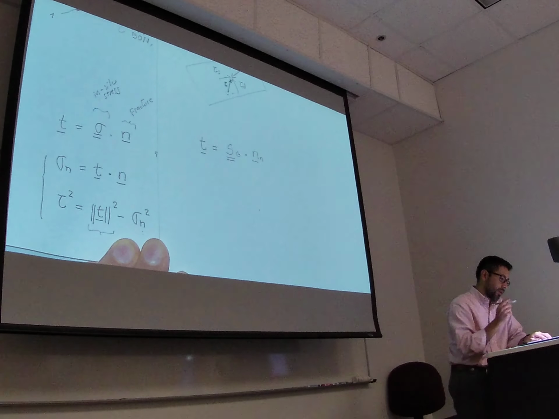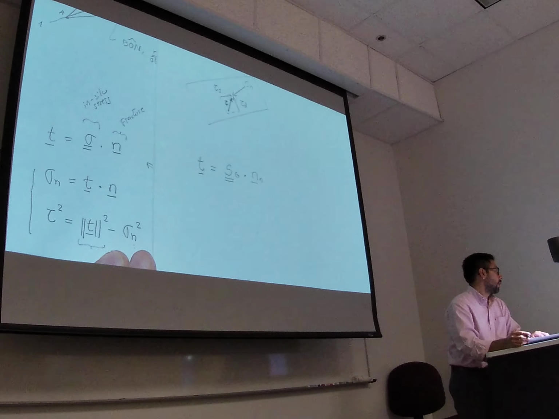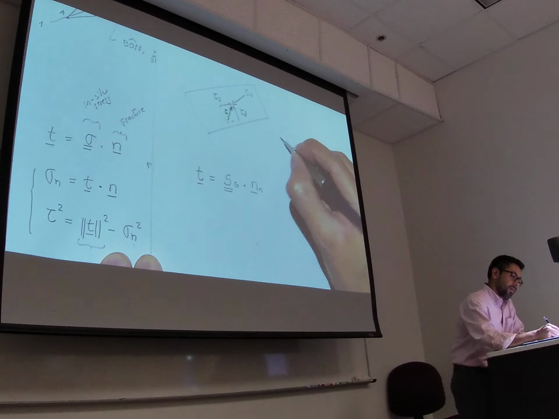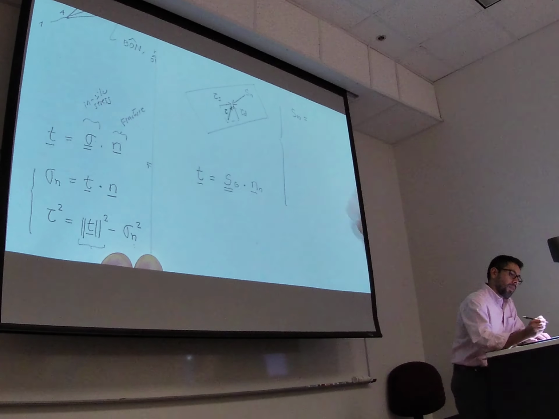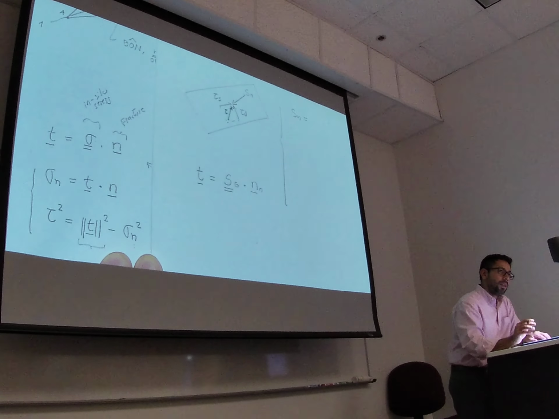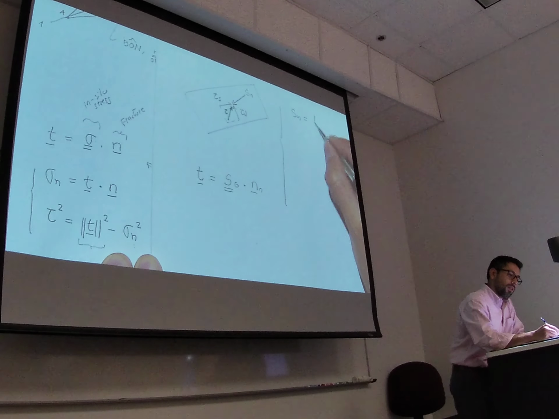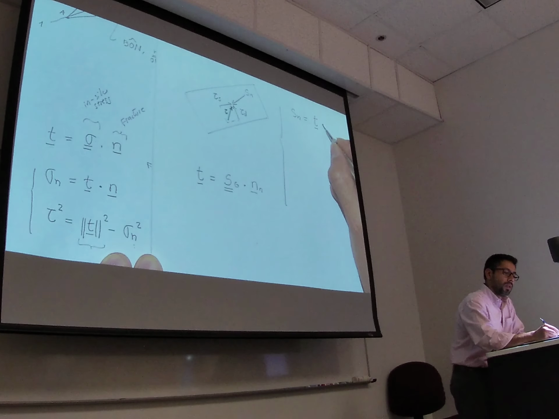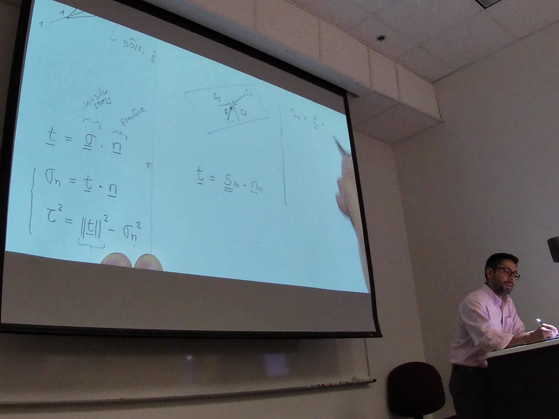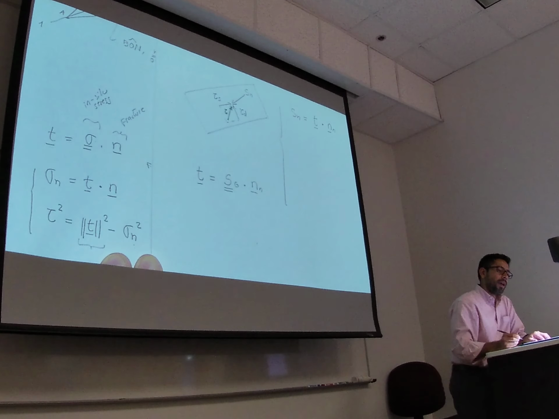If I want to compute the value of Sn, the numerical value is going to be the traction vector T projected on the normal direction. And that means in linear algebra, a dot product with the vector Nn.